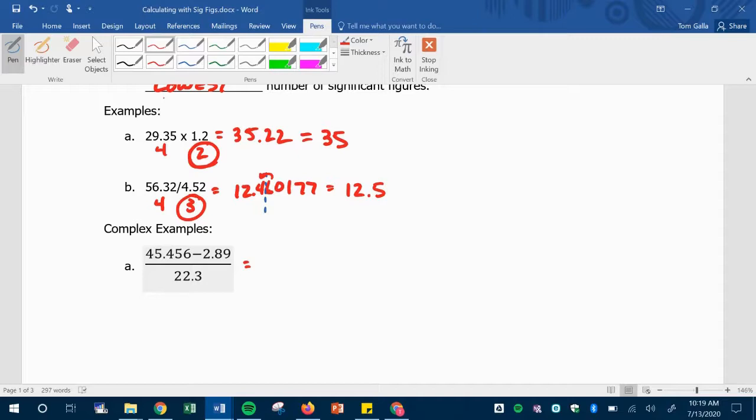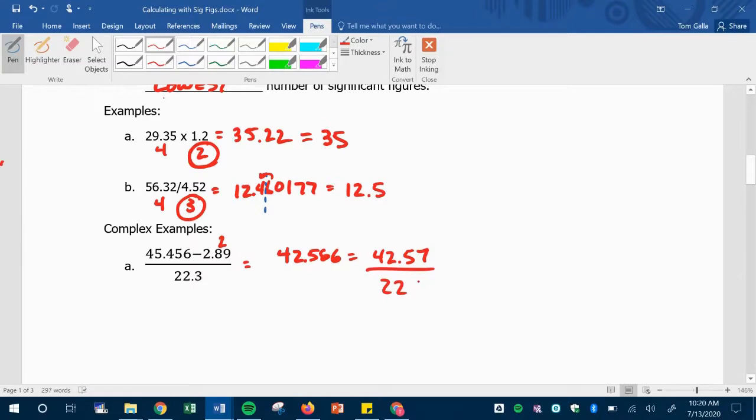And so that gives us our answer of 42.566. Now, since this is subtraction, remember it goes by the fewest number of decimal places. So in this case, the 2.89 only has 2 decimal places. So our answer on the top should only have 2 decimal places, which means that this becomes 42.57.